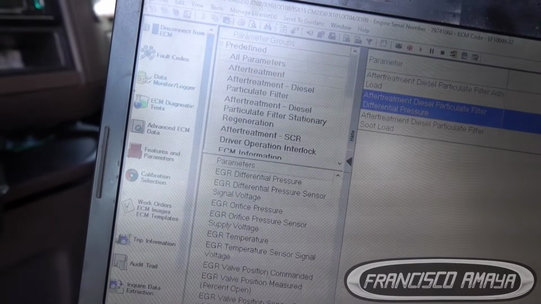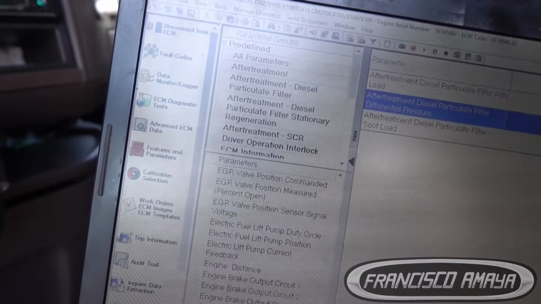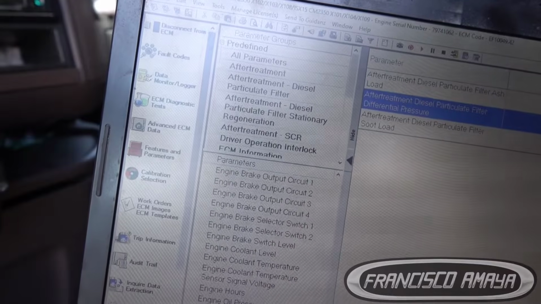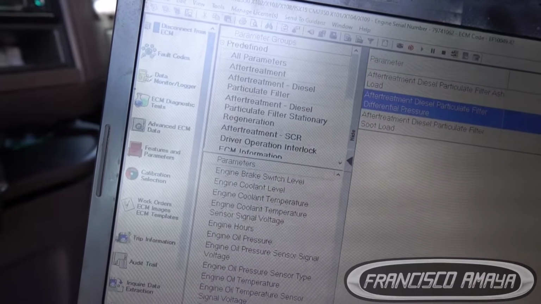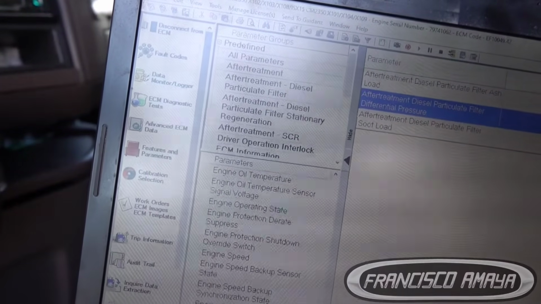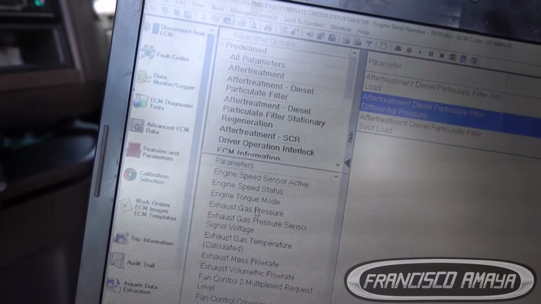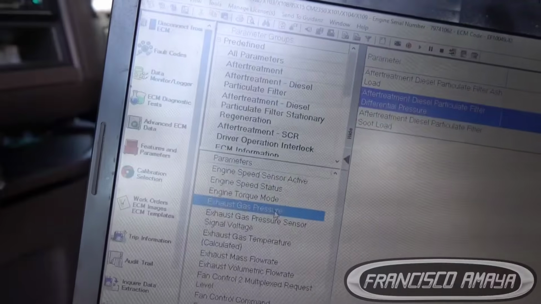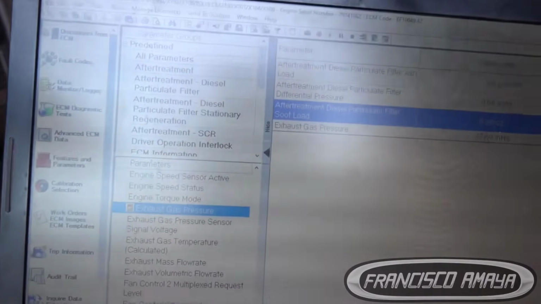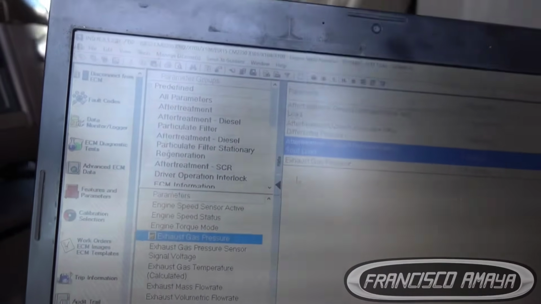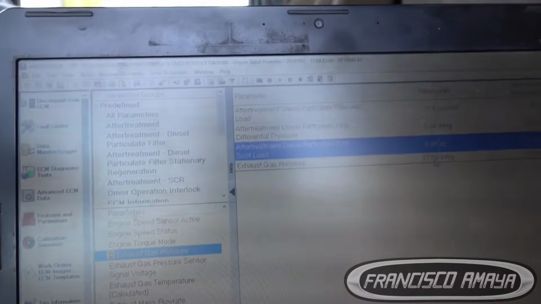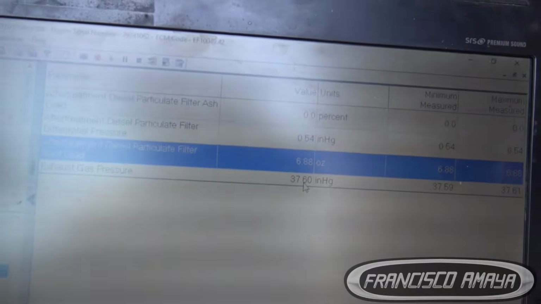EGR. I don't know. I think it was for exhaust pressure. So let's see. Oh yeah, right here. See, exhaust gas. And this is the signal, which is not a right signal we have right here. The computer is determining that we have a problem.